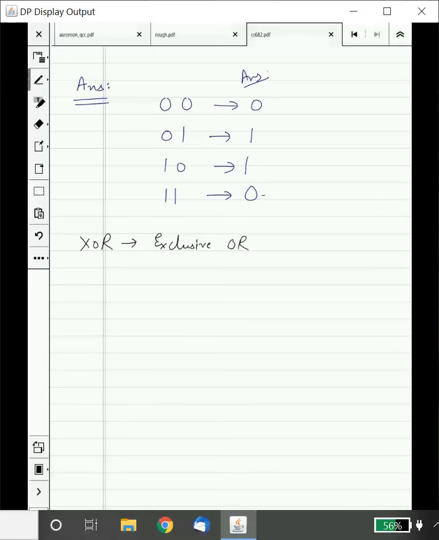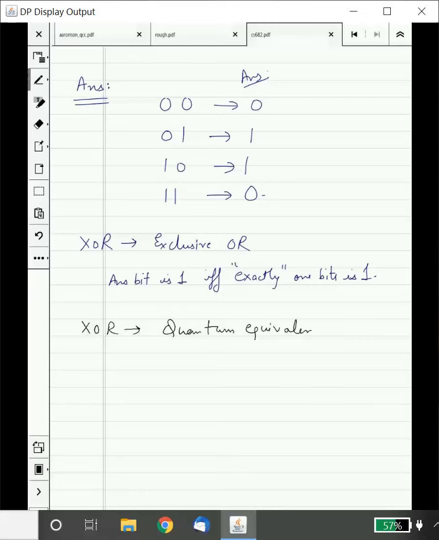That means answer bit is 1 if and only if exactly one bit is 1. Fortunately, we have seen the quantum equivalent of XOR. Do you remember what was the quantum equivalent of XOR?